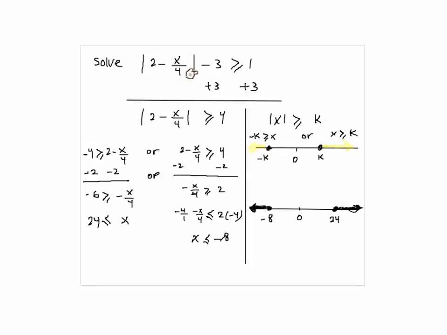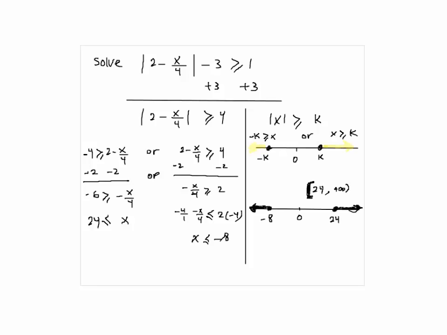Now, interval notation that you asked about. To write in interval notation, you would write it as all the numbers that are between negative infinity and 24, positive infinity. We use brackets here to show the endpoints are included.